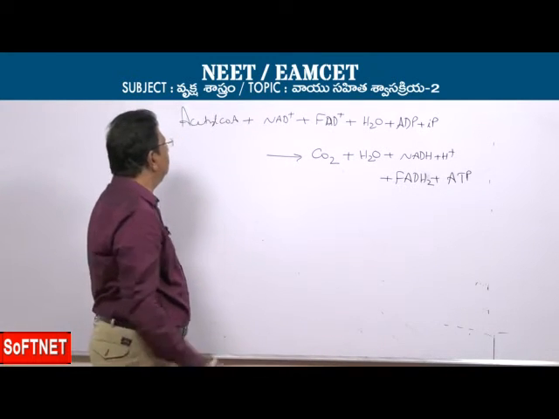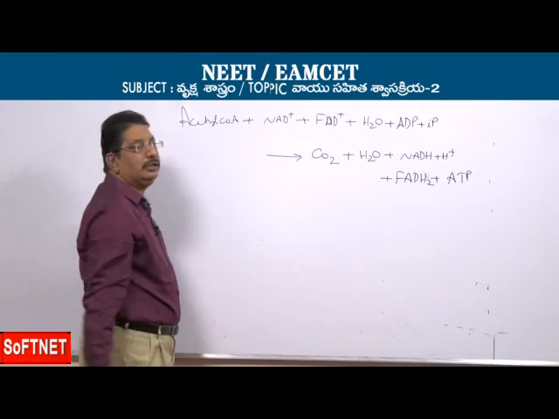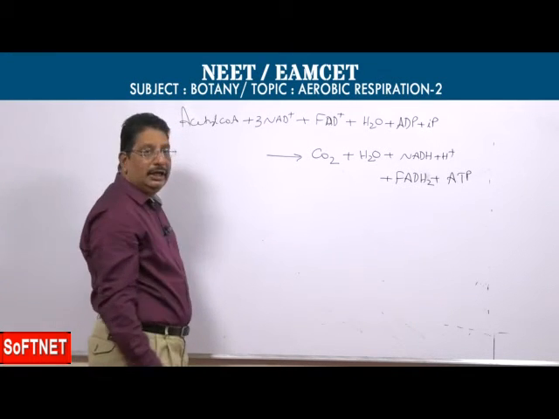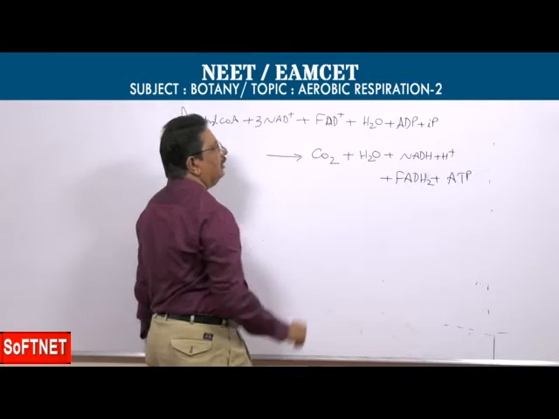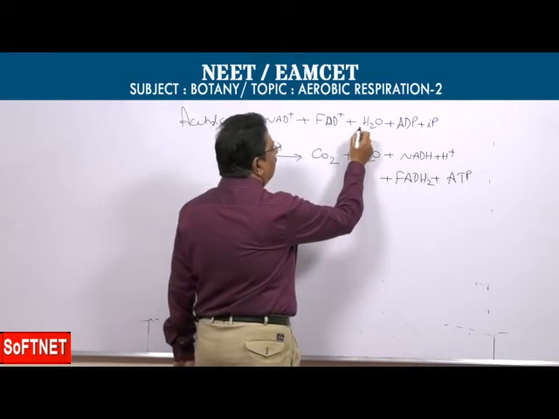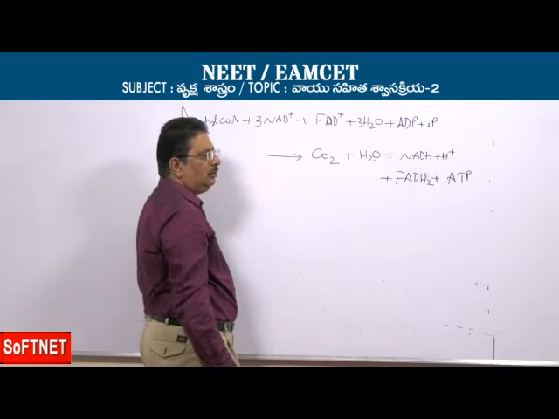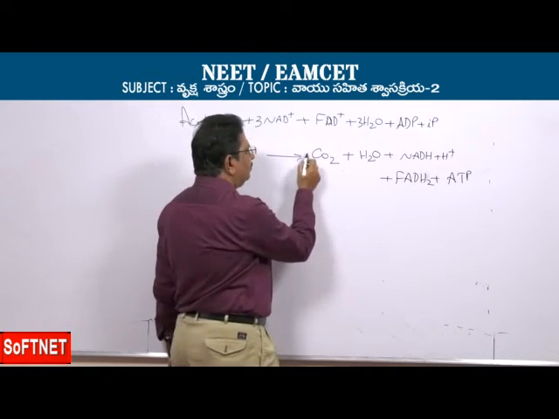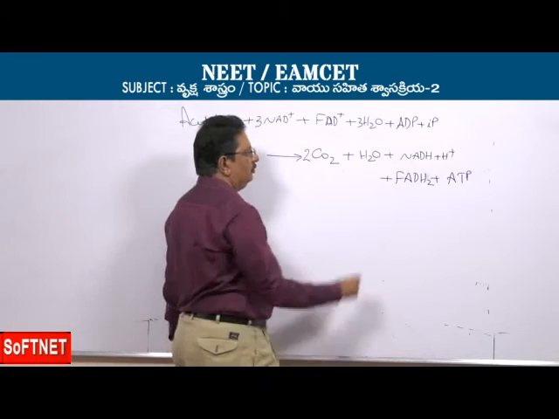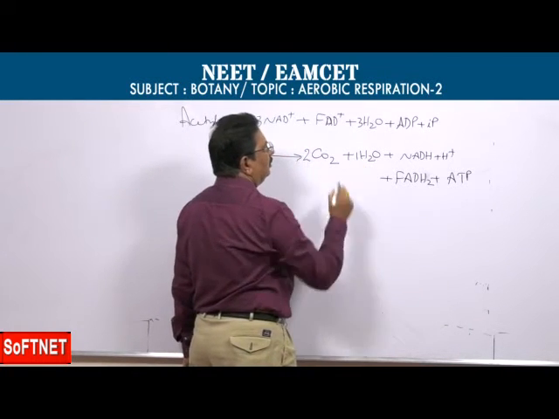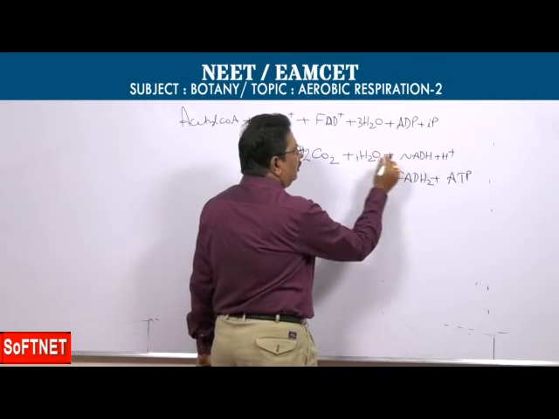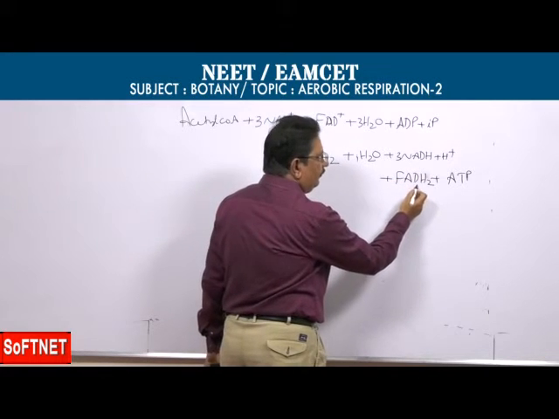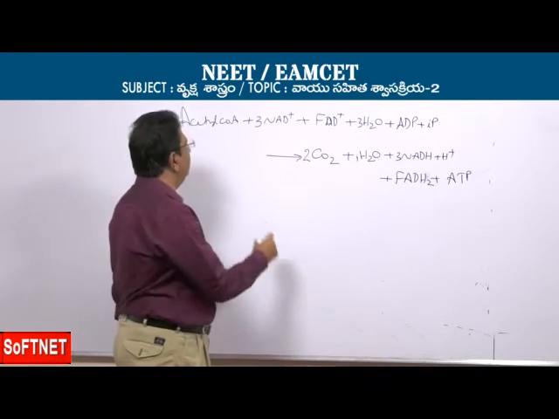So, for one molecule of acetyl coenzyme A participating in the TCA cycle, they require 3 NAD plus and 1 FAD plus, and they consume 3 water molecules, and 1 ADP forms 2 CO2 and 1 H2O and 3 NADH, 1 FADH2 and 1 ATP.